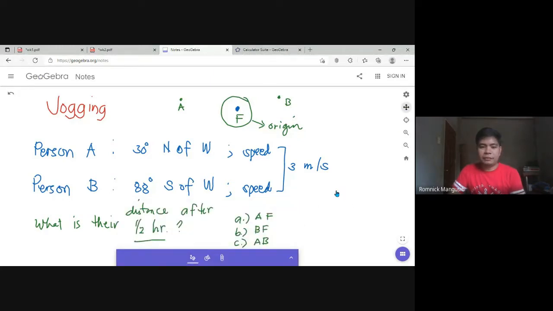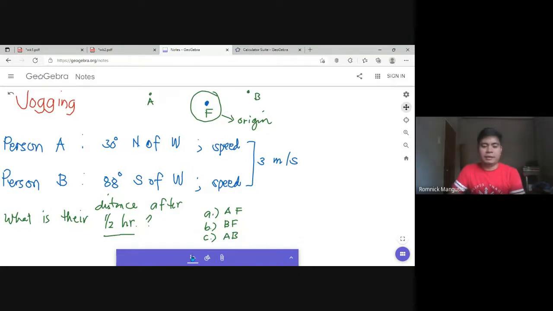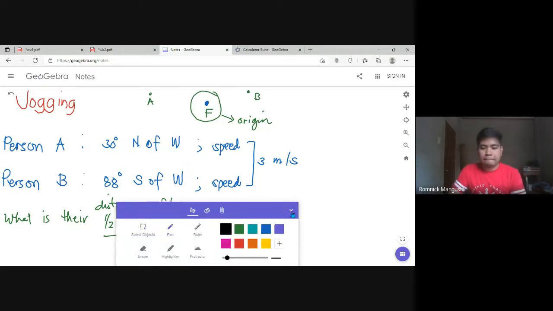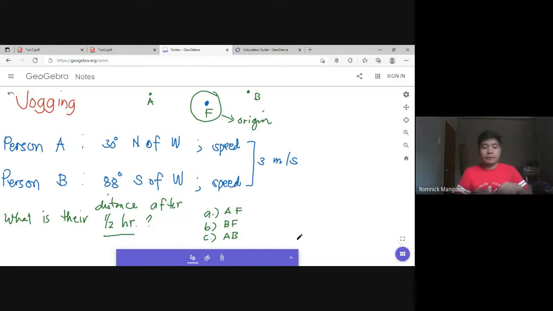So after identifying the speed, given naman lagi ang speed, kay person A, kung tumatakbo siya ng 3 metro sa bawat segundo, at dahil pareho sila person A and person B, na-expect natin na itong dalawang ito, letter A and B, ay dapat pareho lang din ang sagot. Kasi these two individuals have speed that are equal.